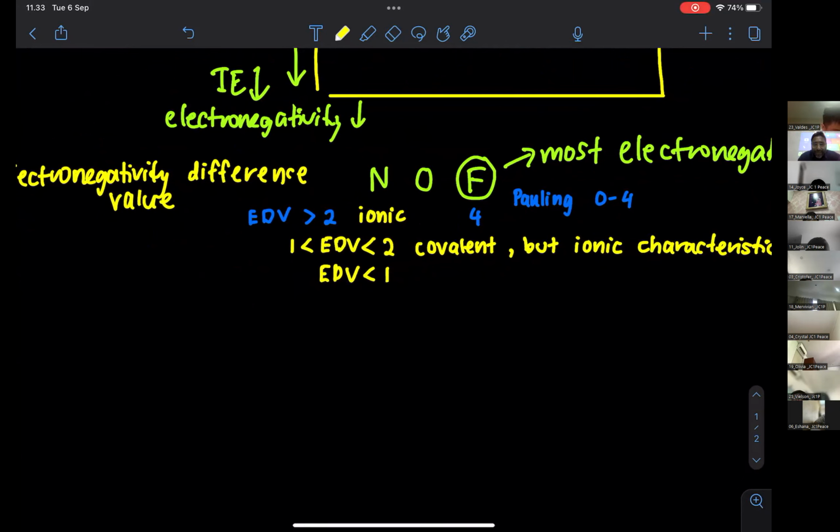If the value is less than 1, then it is covalent with no ionic character.